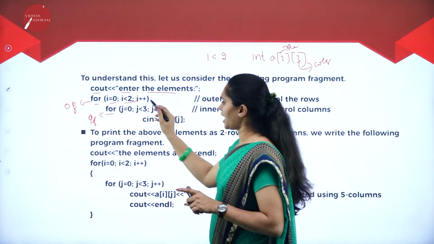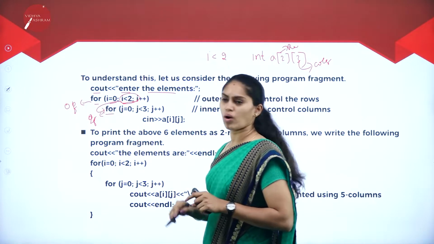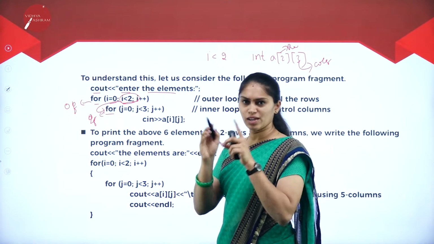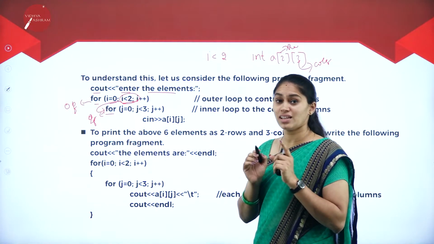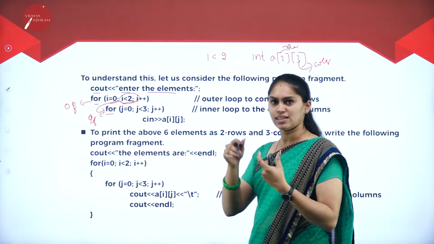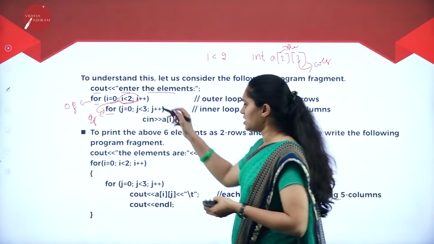Okay. Then i plus plus. If this condition becomes true, then it comes to the column. Then for j is equal to 0, j lesser than 3. It will check whether we are reading the elements within the range. We are taking an element which is between 2 rows and 3 columns. If it is exceeding, we can't take. So that is what we are checking here.